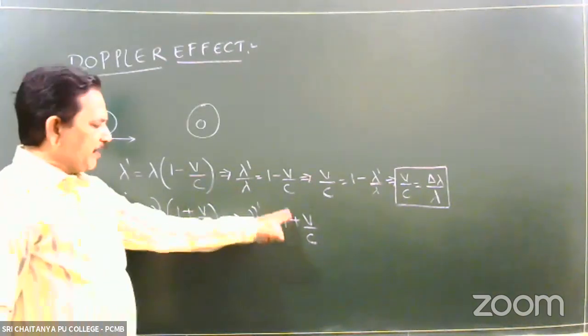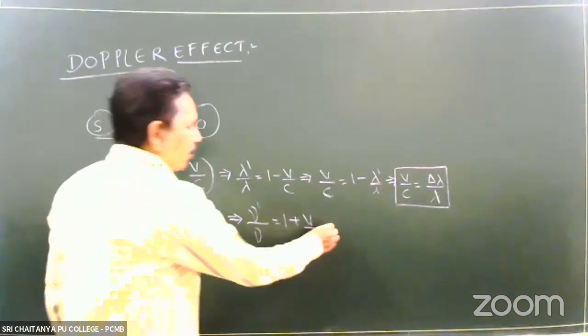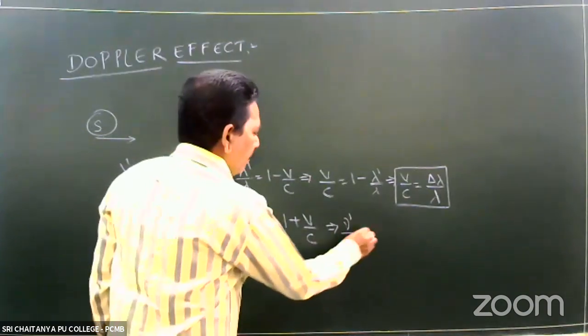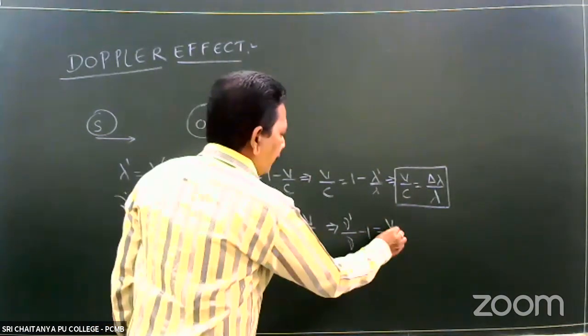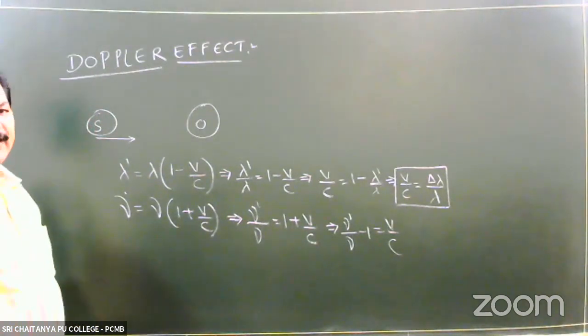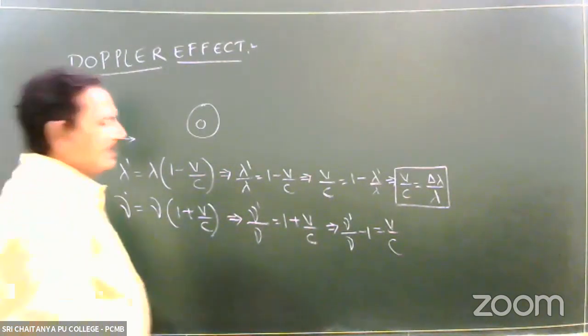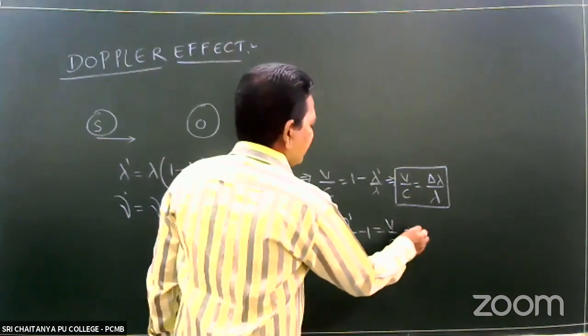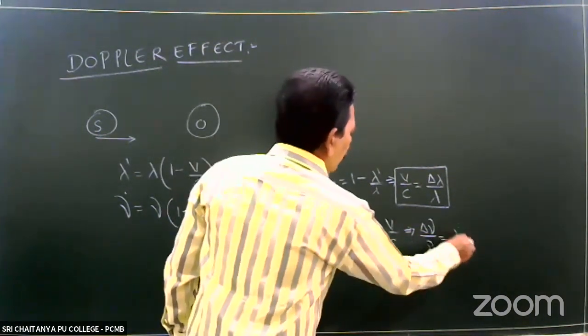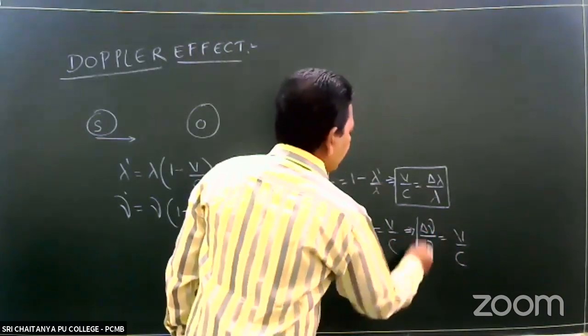Bring this 1 to this side: nu dash by nu minus 1 is equal to V by C. That is, delta nu by nu is equal to V by C.